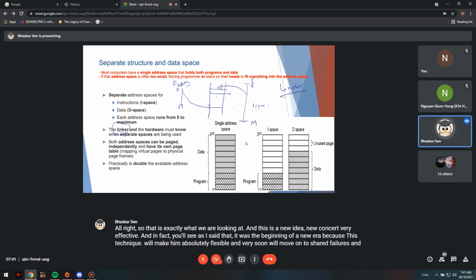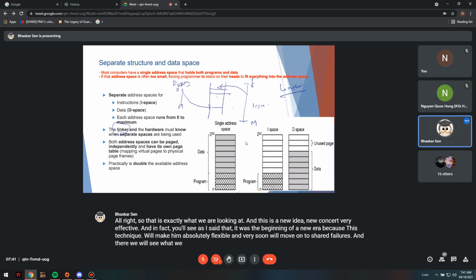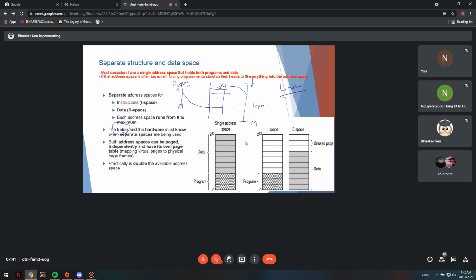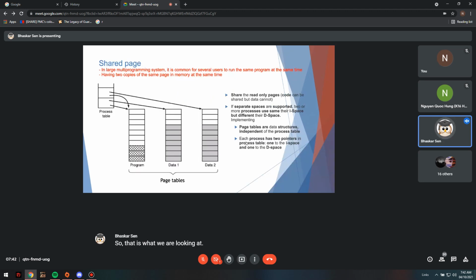And there we will see what we are doing. So that is what we are looking at. If you move on to the next one, the shared page.